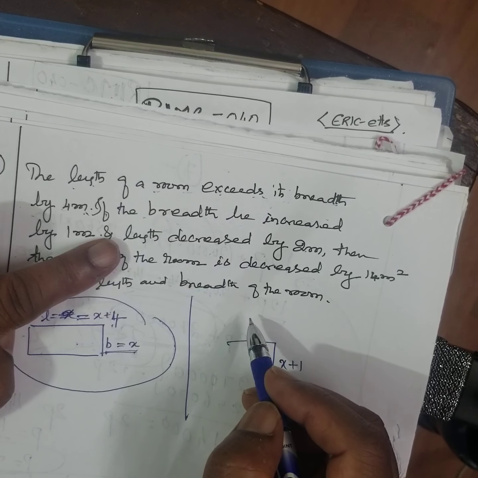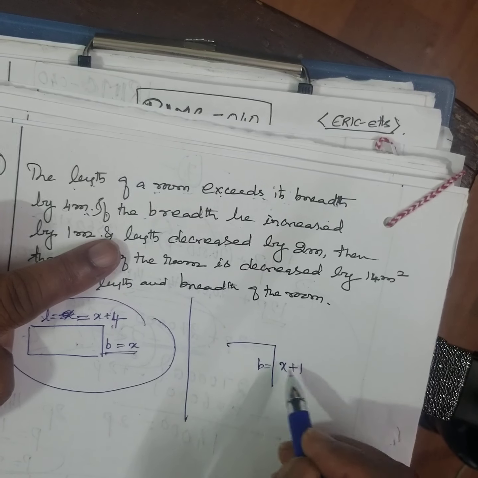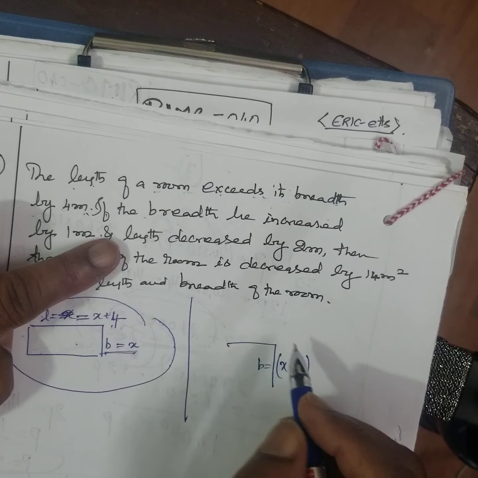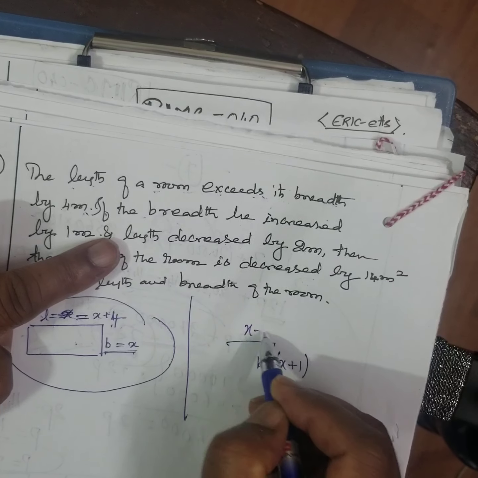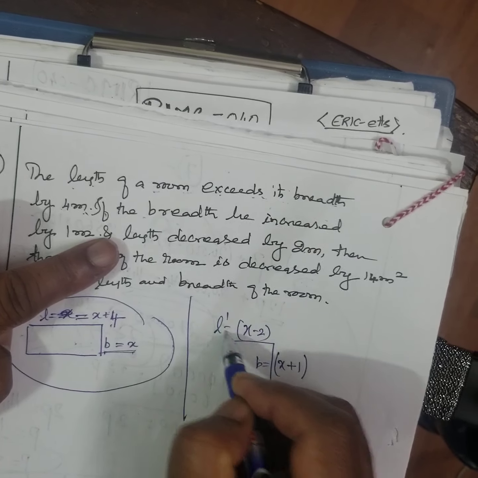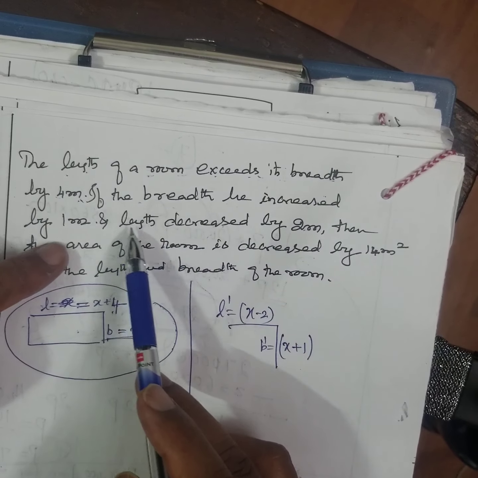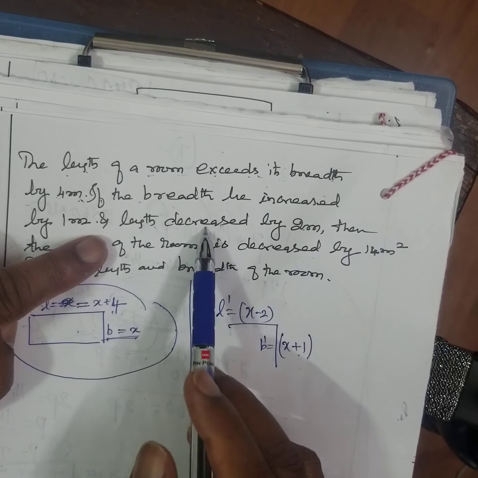If the new breadth is x plus 1, the new length will decrease by 2. Can you follow?